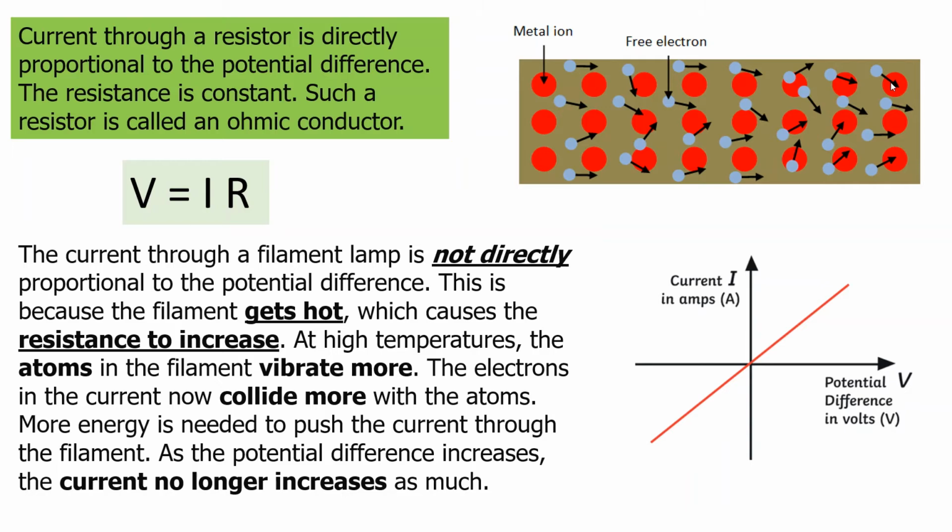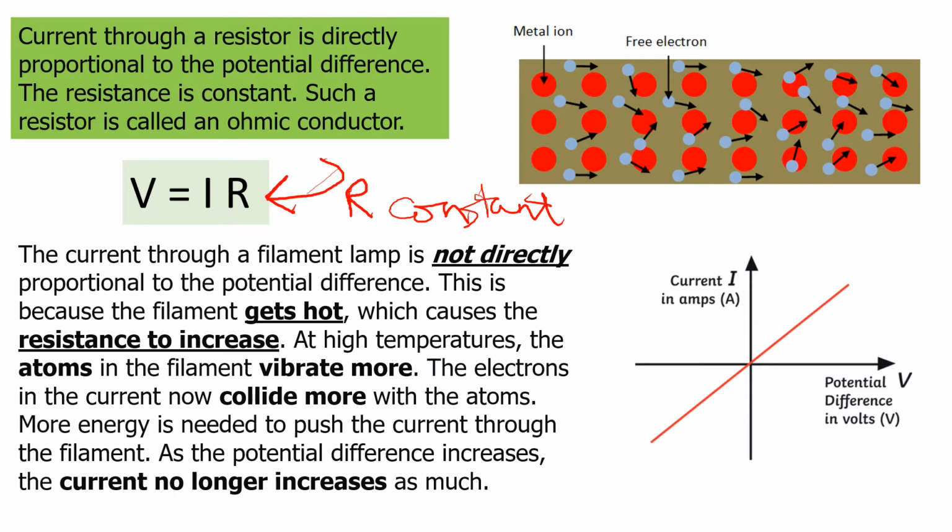A normal resistor has constant resistance, and such a resistor is called an ohmic conductor. If it's an ohmic conductor, it will obey V equals IR. So R is a constant.